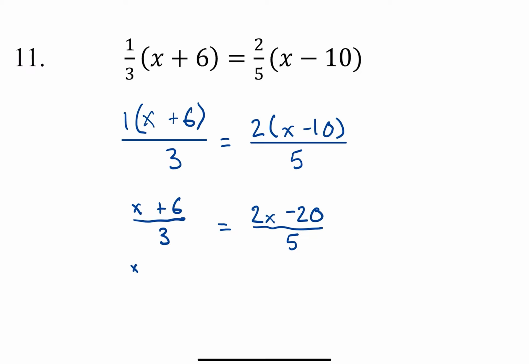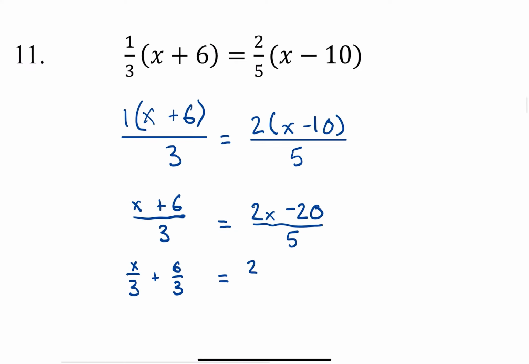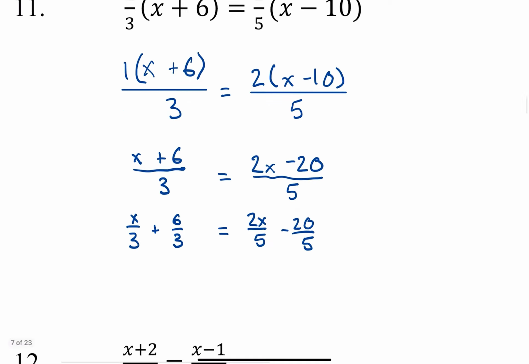So you could write this as x divided by 3 plus 6 divided by 3 equal to 2x divided by 5 minus 20 divided by 5. Simplifying a little bit further, you end up with x divided by 3 plus 2 is equal to 2x divided by 5 minus 4. So it's one of those things where we're now where we were before. So it might be worthwhile to simplify everything out first.